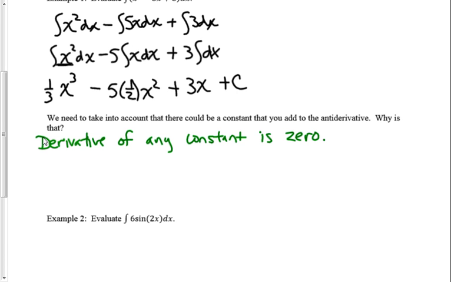So all we're saying is that this plus c is just acknowledging that we know there could be something there.